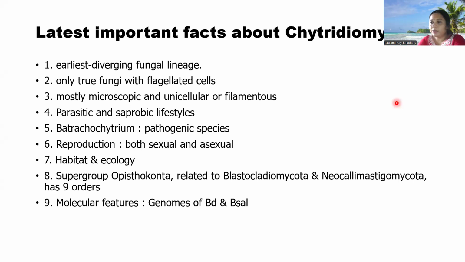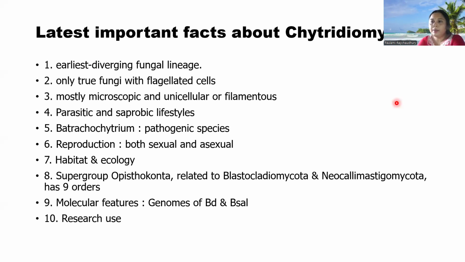Current classification includes 9 orders: Chytridales, Rhizophidiales, and Spizellomycetales. The molecular features: genomes of BD and BSal are compact but encode unique expansions of protease and cell wall modifying enzymes. Now, what is BD?